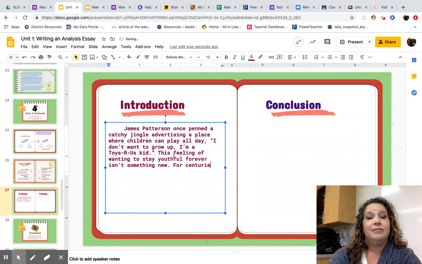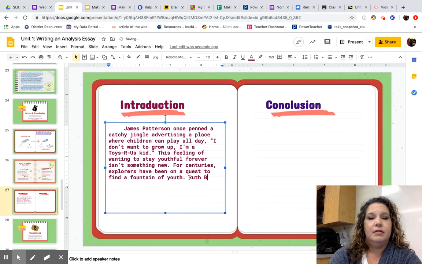For centuries, explorers have been on a quest to find a fountain of youth. I don't need to put that in quotes because they have. Ruth B's song Lost Boys.